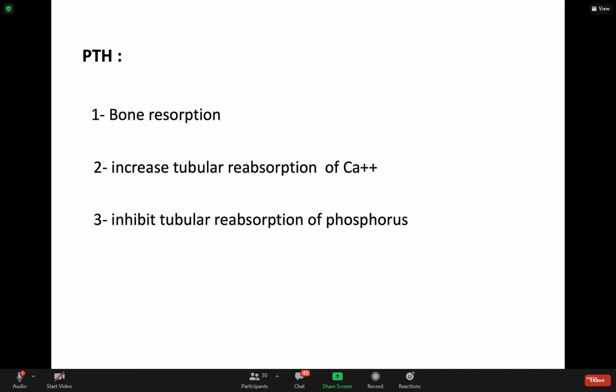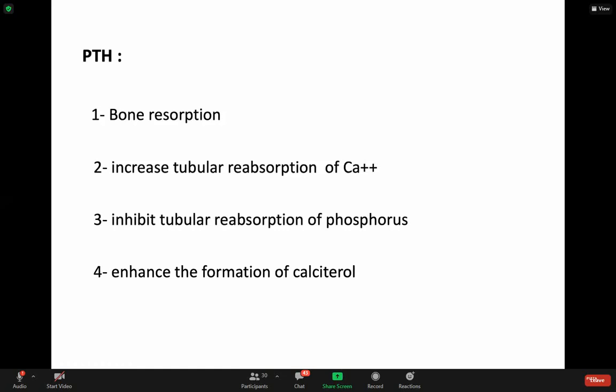So the end result: you're doing bone resorption, more calcium and phosphorus will move, but you will not be able to reabsorb the calcium, and you will not be able to enhance the phosphorus excretion, resulting in high PTH, low calcium, high phosphorus. Is that clear?